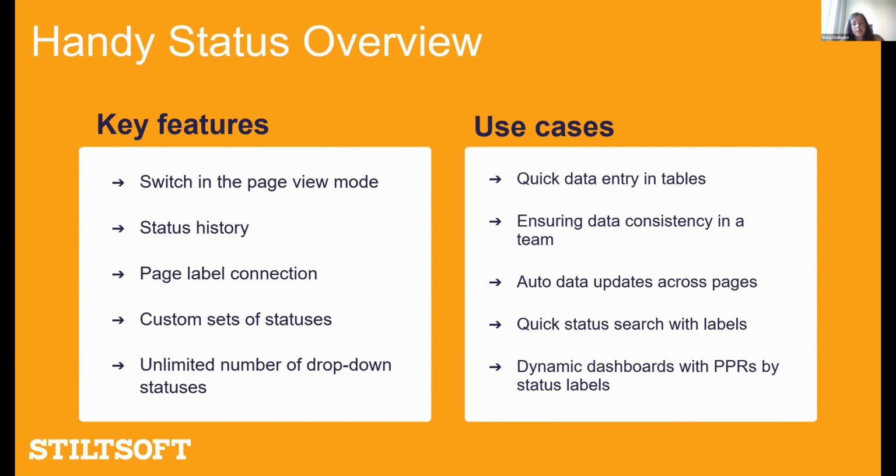You can create as many sets and as many statuses under each set as you wish, and have an unlimited drop-down amount on your Confluence pages. Use cases are limited just by your imagination here.